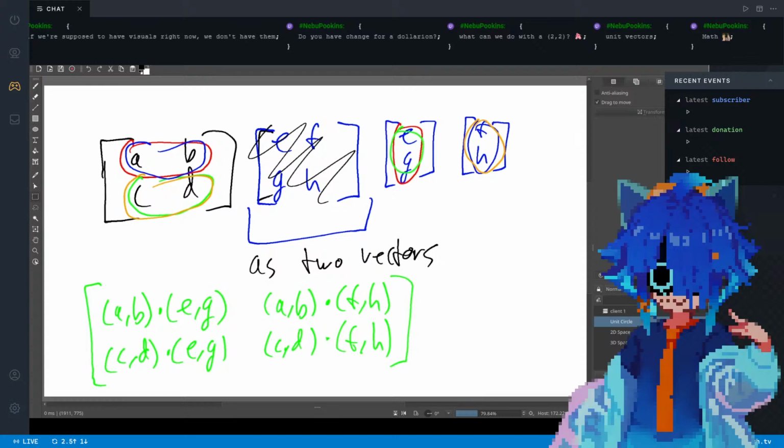That's the real thing here, right? Just let the computer calculate.